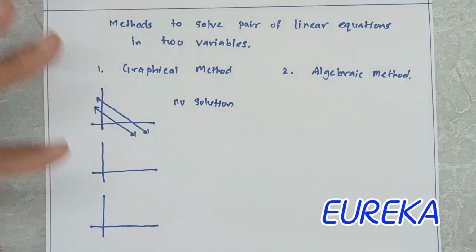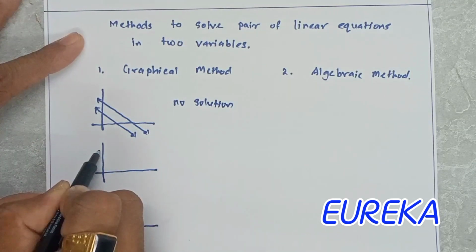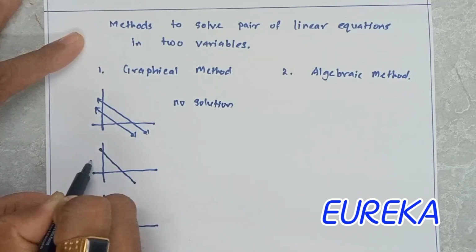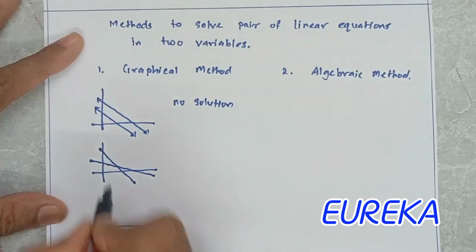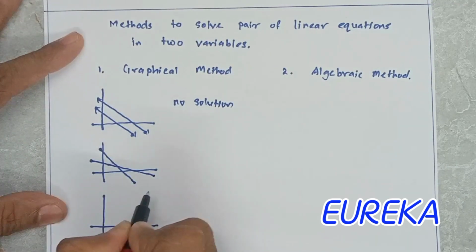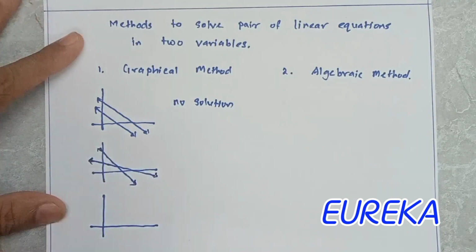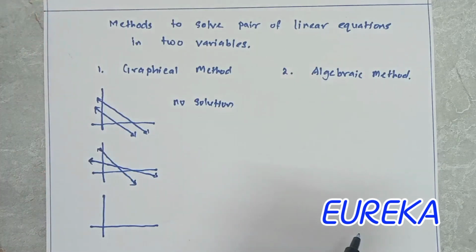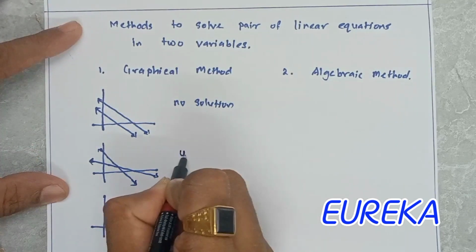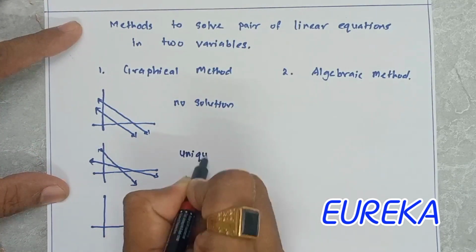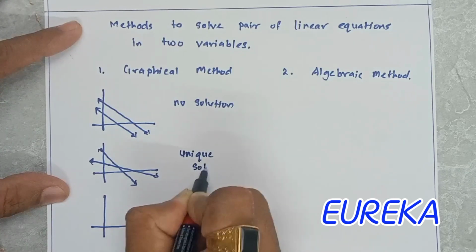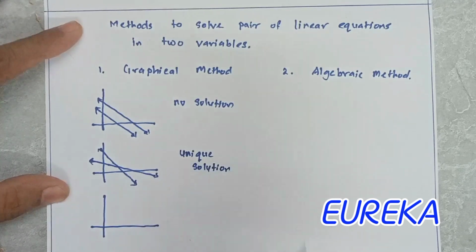Suppose the lines are meeting at one point. In such a case, when the lines are intersecting at one point, we will say it will have a unique solution.